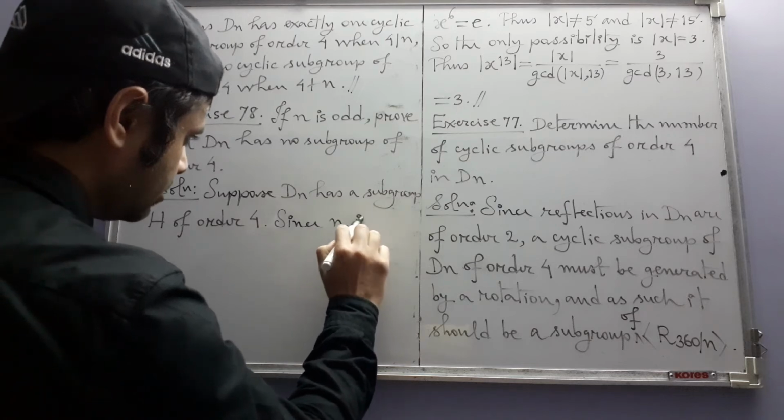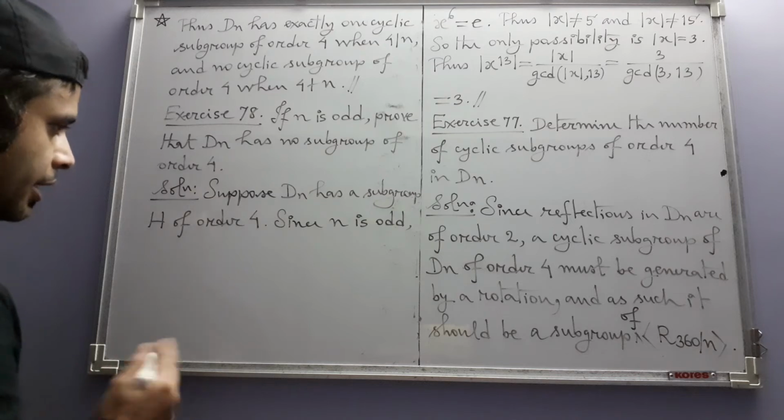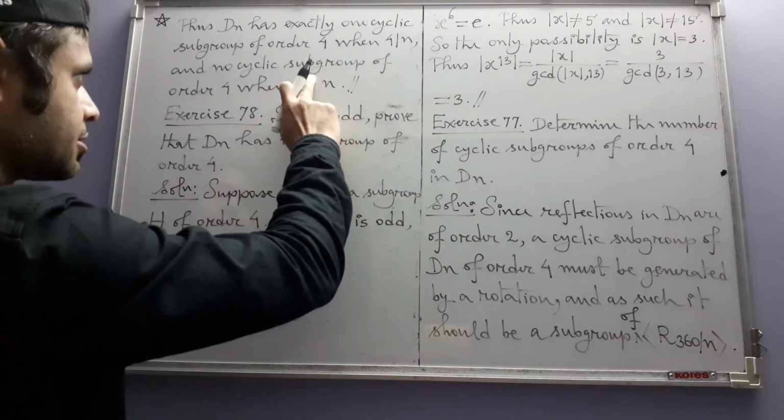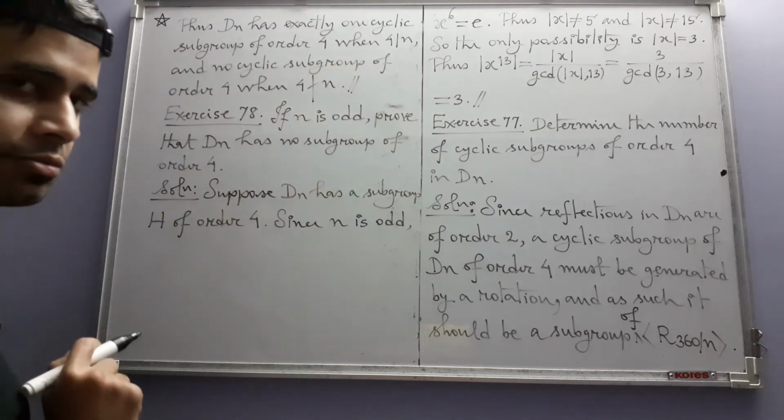Since n is odd, n is odd means definitely 4 will not divide. 4 does not divide n.